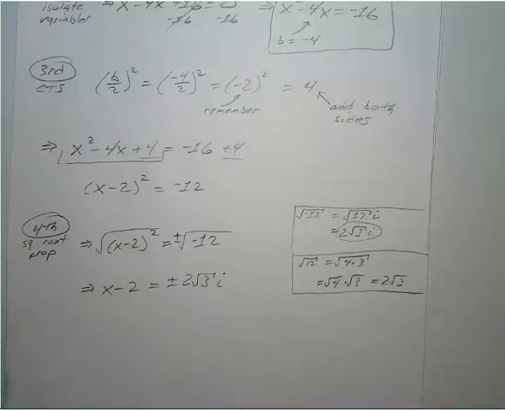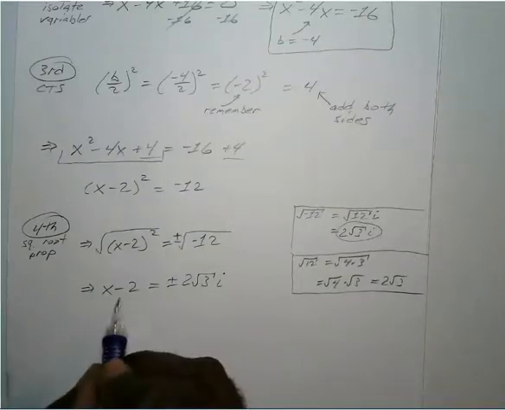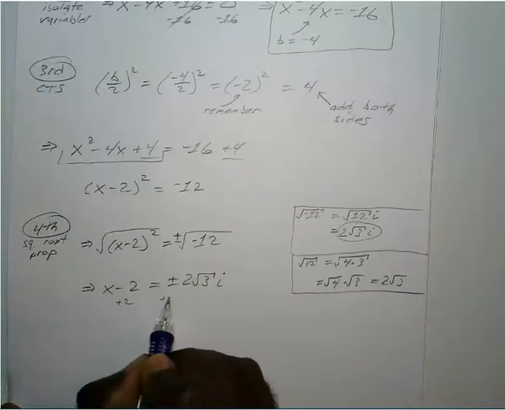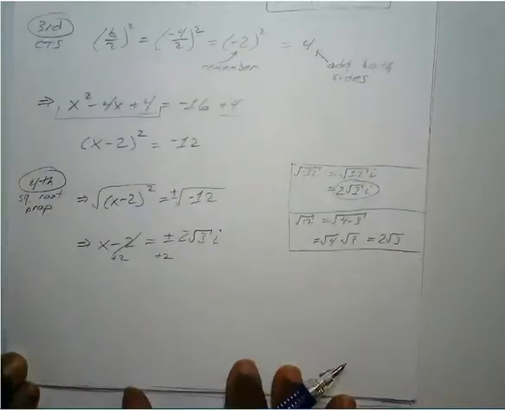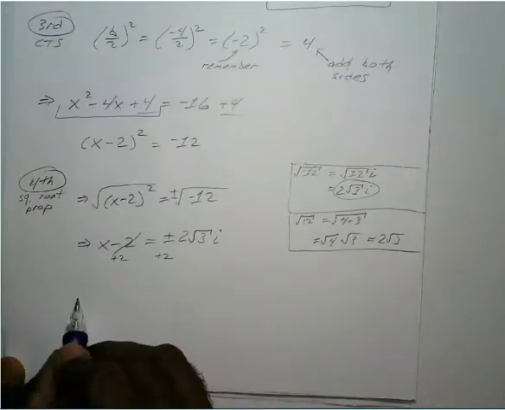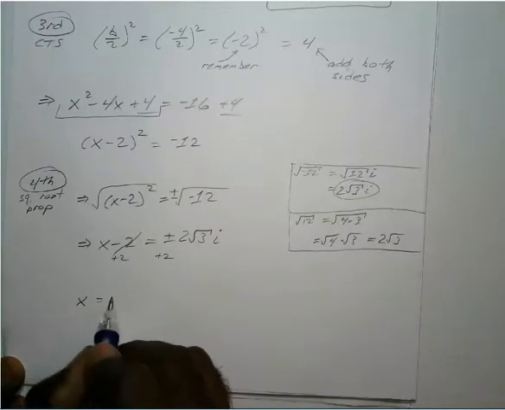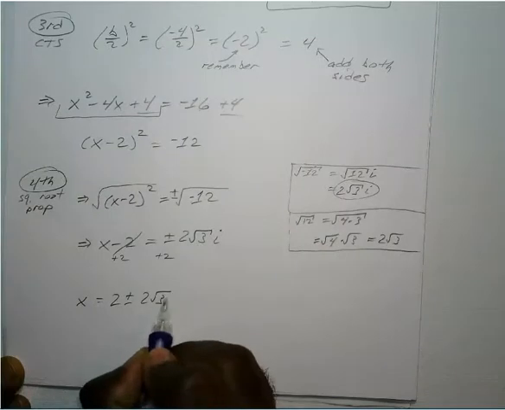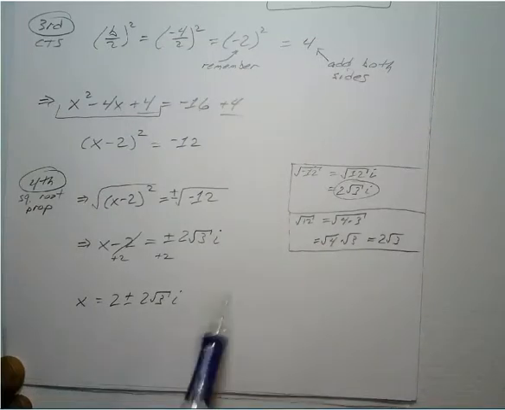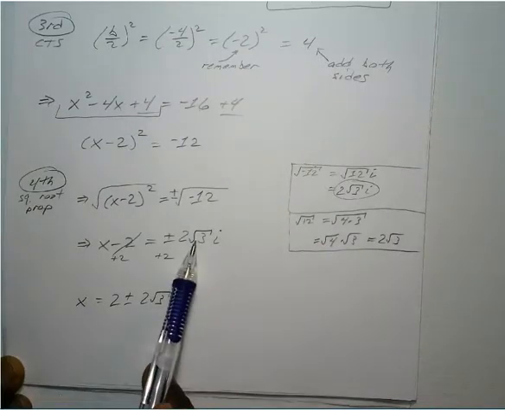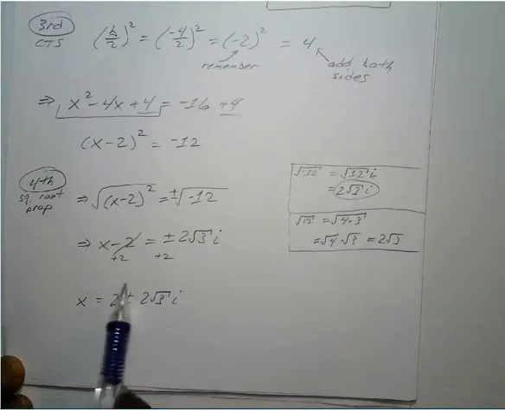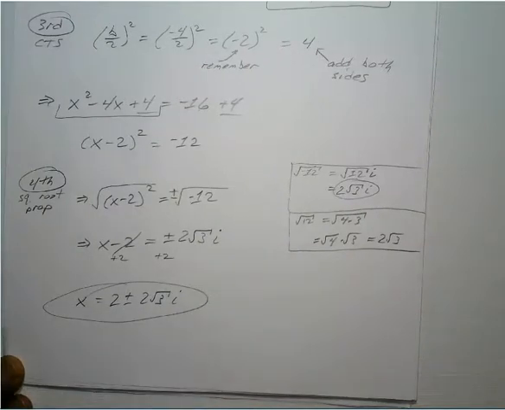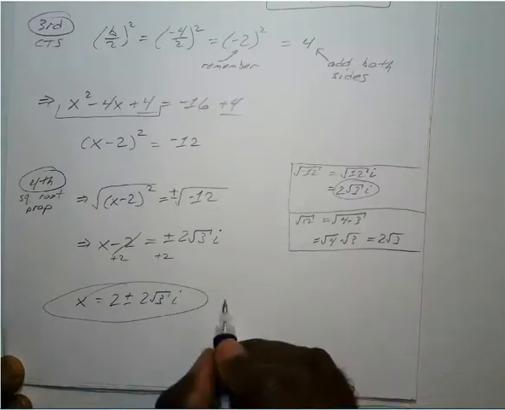All right. So just like before, we go ahead and add 2 to both sides. So we see that x can equal 2 plus or minus 2 square root of 3i. And remember, don't put the i under the square root bracket or you'll most likely be marked incorrect. Okay.